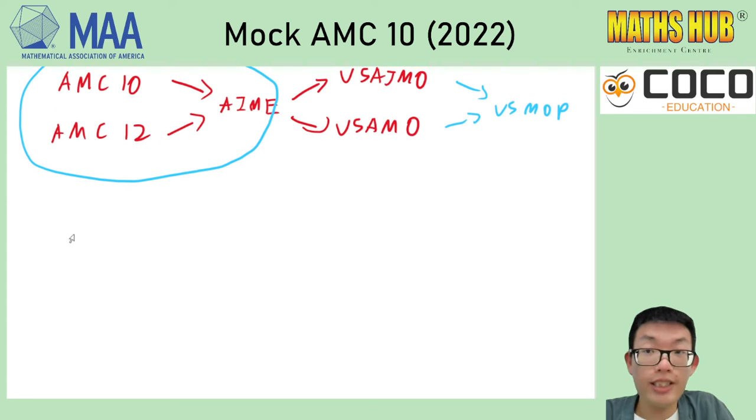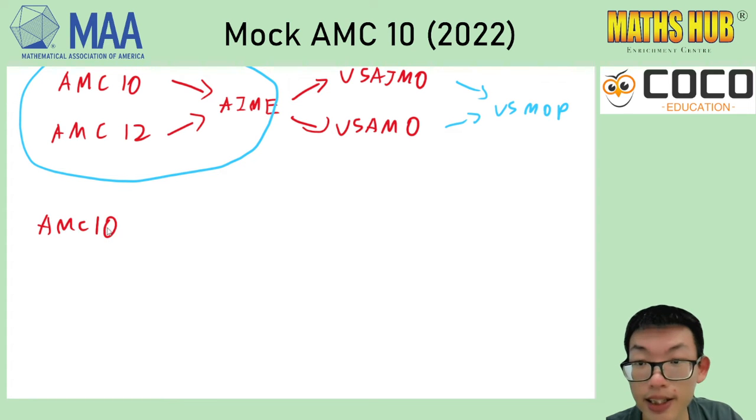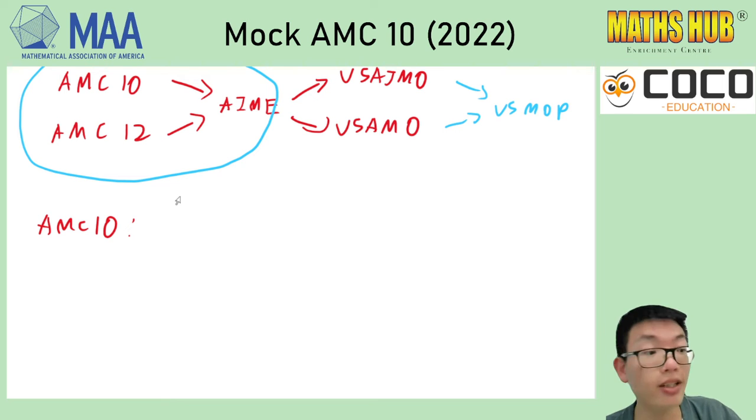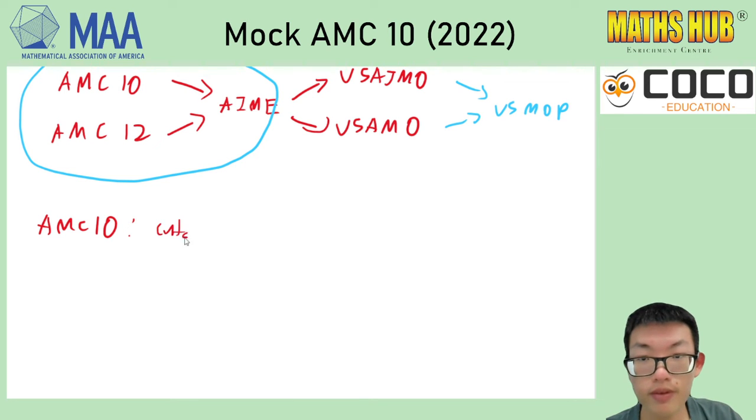So with that, of course, qualifying for the AIME could be one of your main targets or priorities. And for the AMC10, your target is going to be, well, dependent on the difficulty. But the cutoff would be somewhere in the proximity of 100.